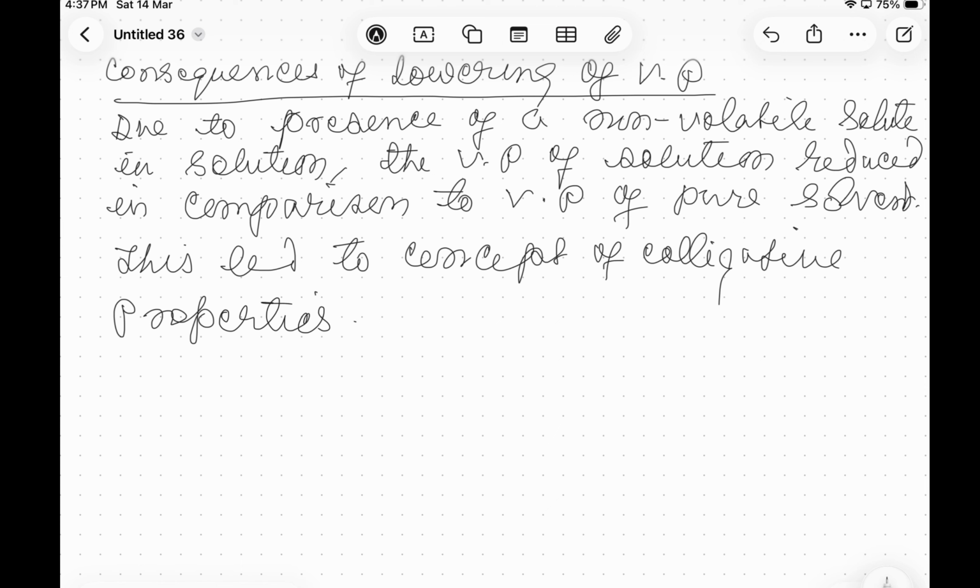Now next question is, what are colligative properties?